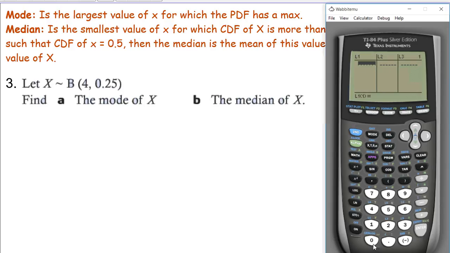In list 1, I'll plug in the values that x can take: 0, 1, 2, 3, and 4. Now in list 2, I'll plug in the probabilities of each of these values. In list 3, I'll plug in the cumulative probabilities. That way, I can use list 2 to find the mode and list 3 to find the median. Hope that makes sense.